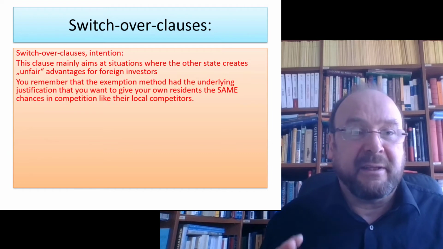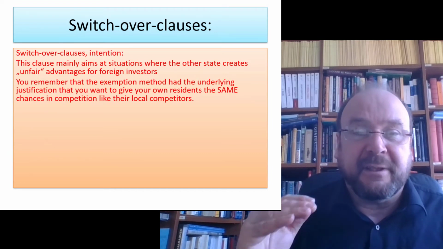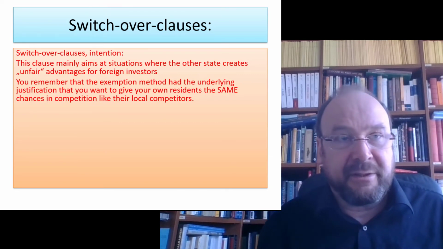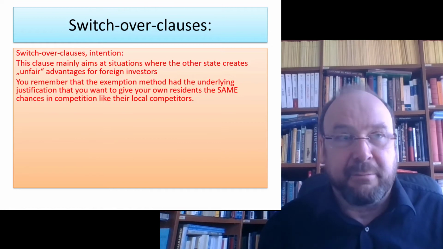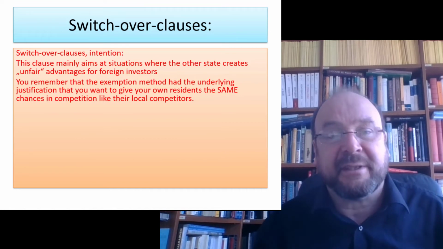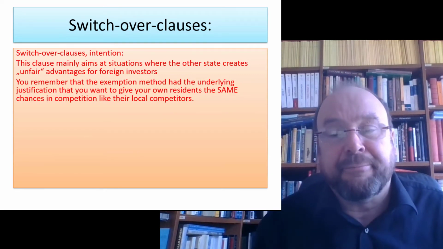You remember that the underlying motive for the exemption method was, if everyone in the local area where the investment is made pays 40%, my taxpayers should also have a chance to pay the local tax rate, and should not be lifted up to my home state level of 50%.